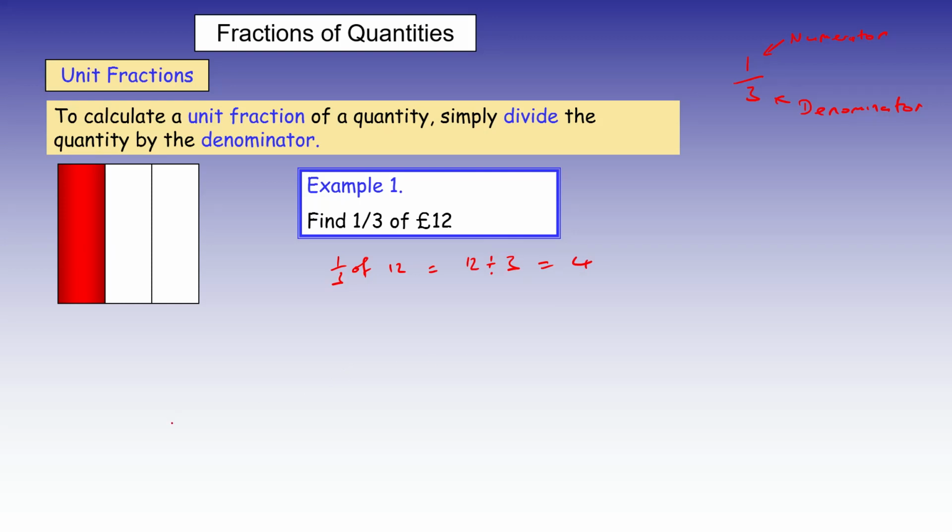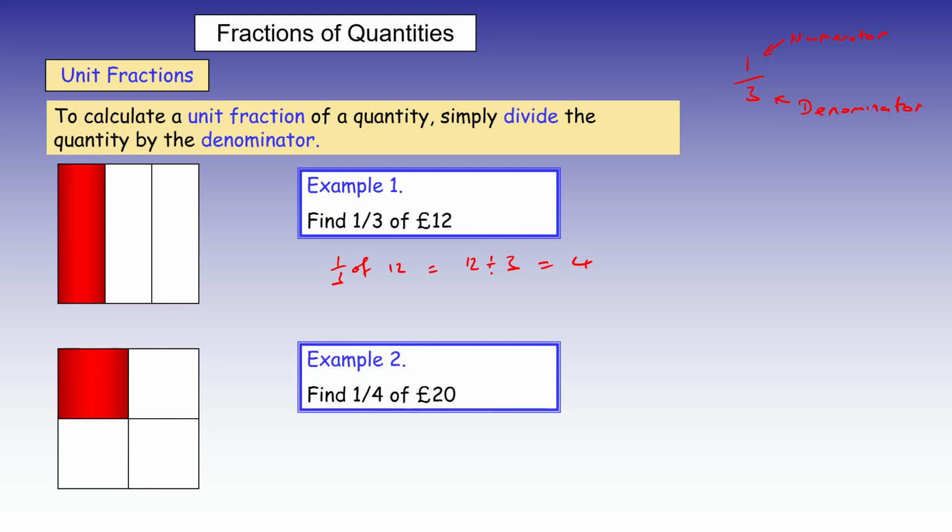Let's have a look at one more example. This time we need to find a quarter of 20. So same thing, a quarter of 20 is equal to 20 divided by the denominator. So divided by 4, which is 5.